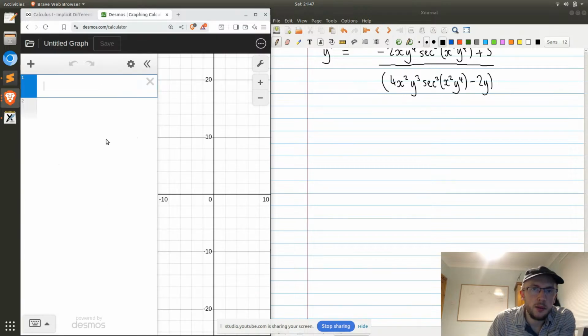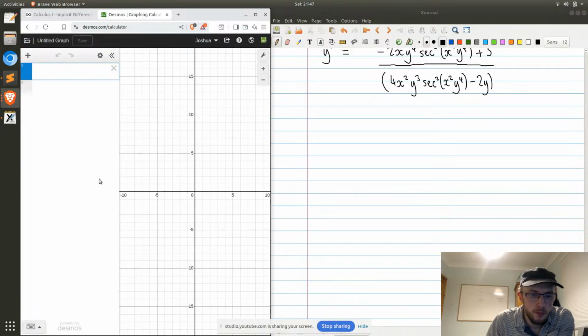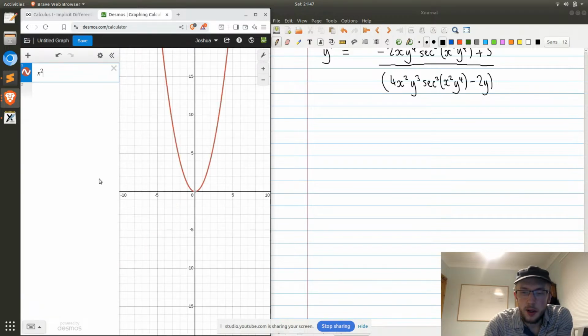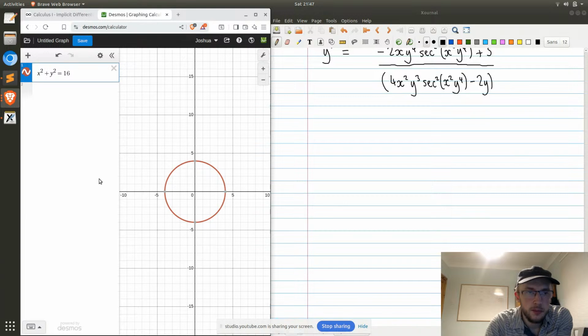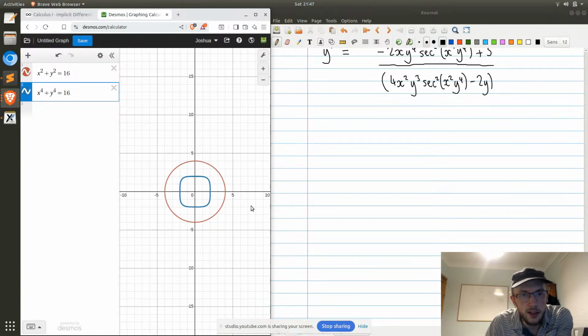Because something I know, I know that x squared plus y squared equals a constant. That's a circle. And if I make these powers even, I'll get a more squarish circle like that. Oh, and the radius is smaller, I guess.